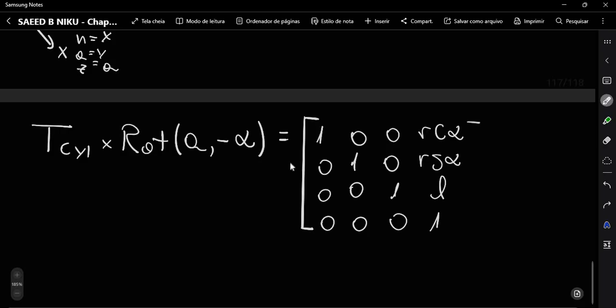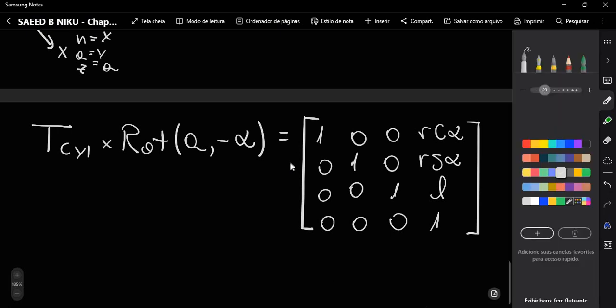And just by looking we can judge that it is a translation transformation because we got its main diagonal filled out with ones.